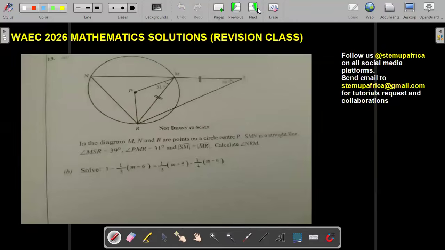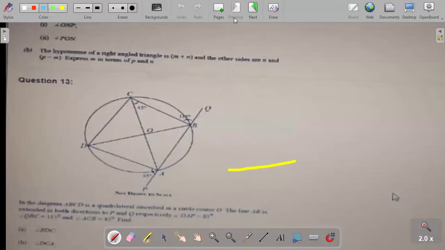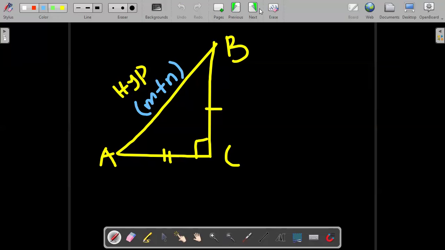Then the two other sides are p minus m and n. So let's take here as p minus m, and here is now n.